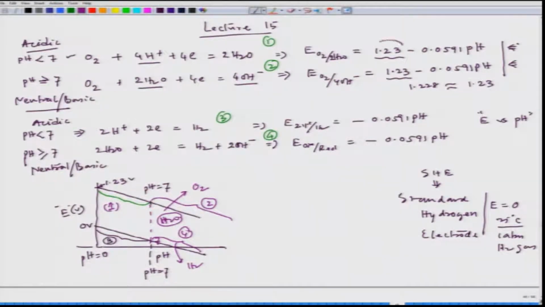This is basically the standard reduction potential for these two reduction reactions. For this one, I think if we remember, the value was 0.401 volt, and here the standard reduction potential was 1.23 volt.